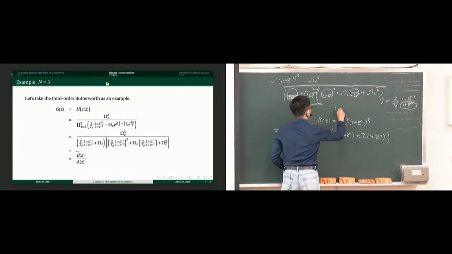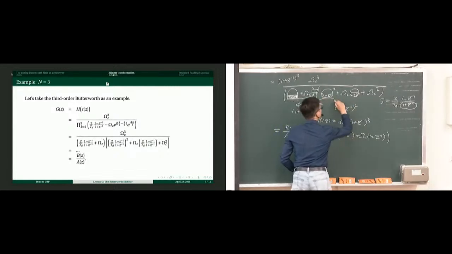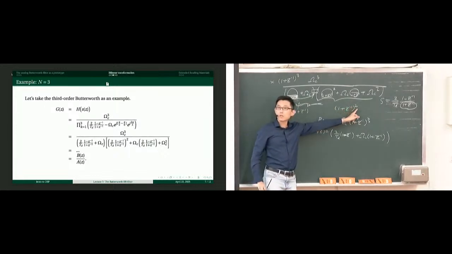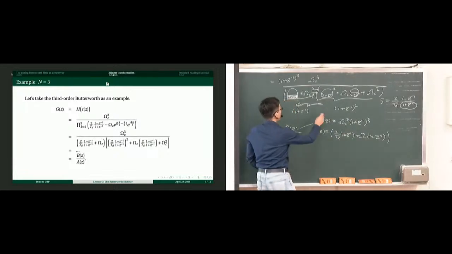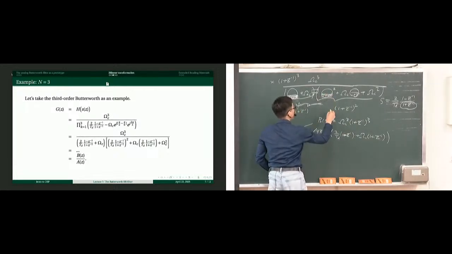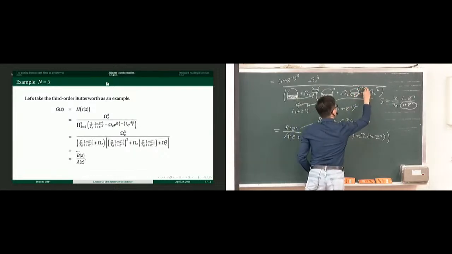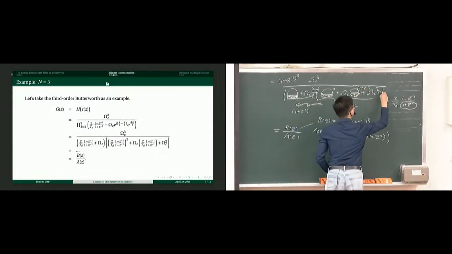And under this second term, we will multiply this second term with 1 plus z inverse squared. If we do that, then this is gone, and this is also gone, but now we have one extra 1 plus z inverse, and this has 1 plus z inverse squared.